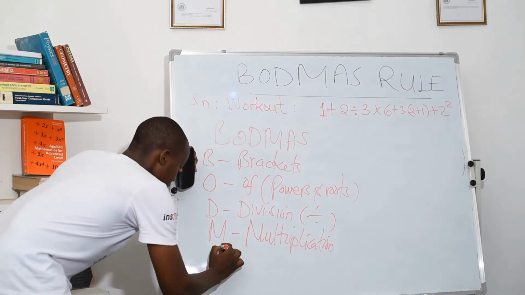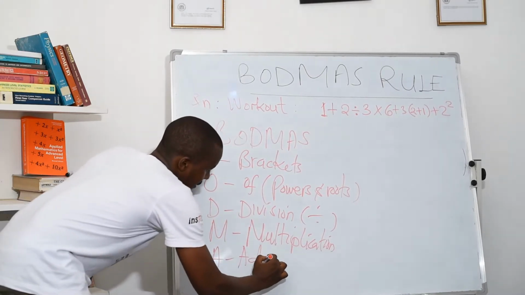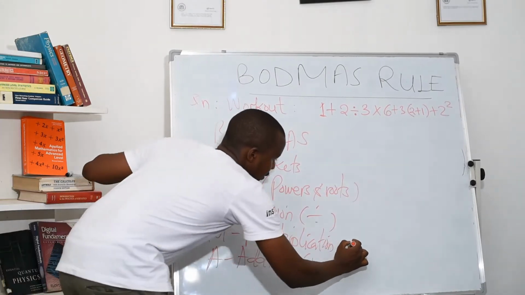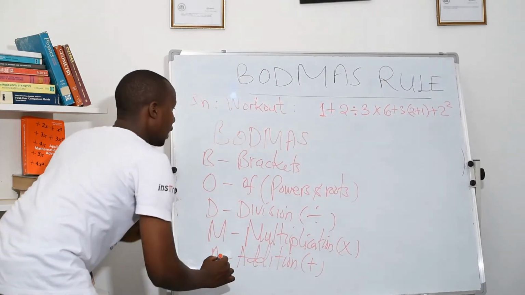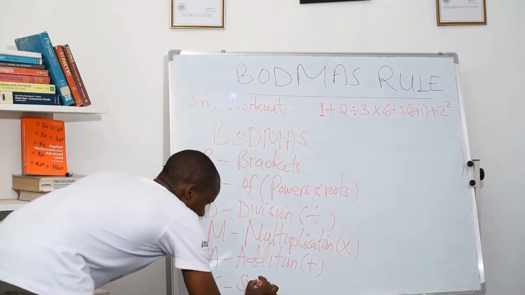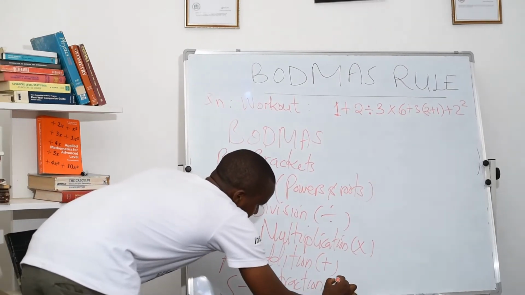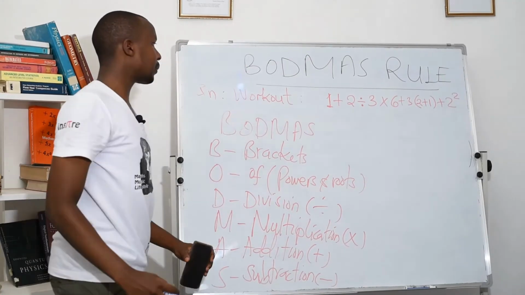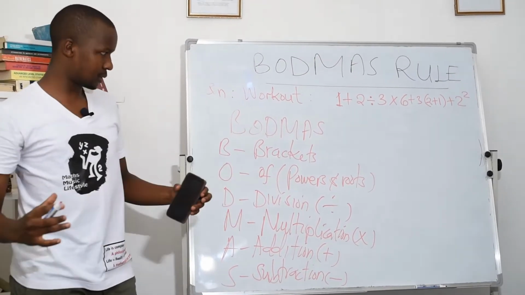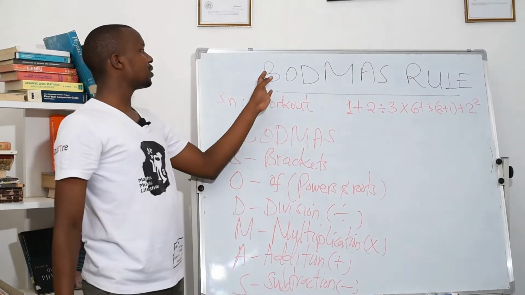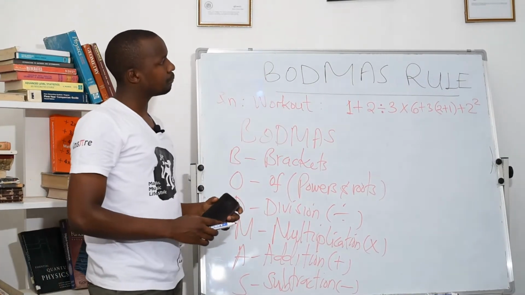And the A is addition, and the S is subtraction, take away, or we call it minus. So these are the meanings of the initials in the term Bodmas.